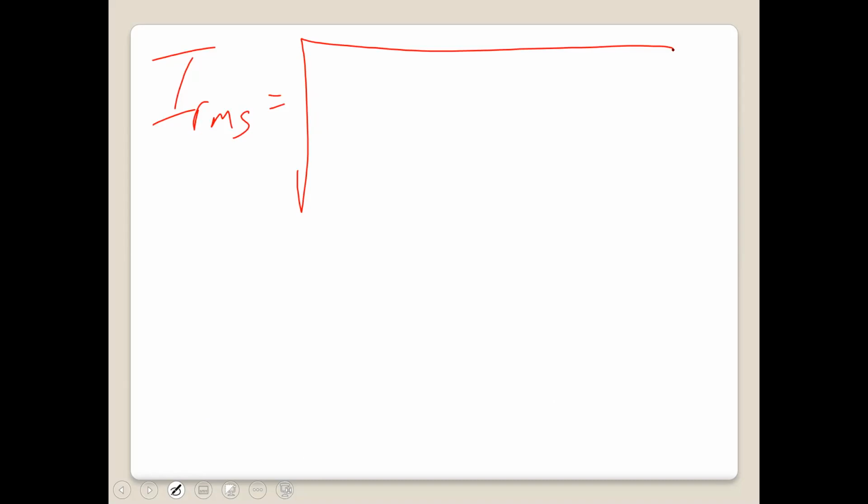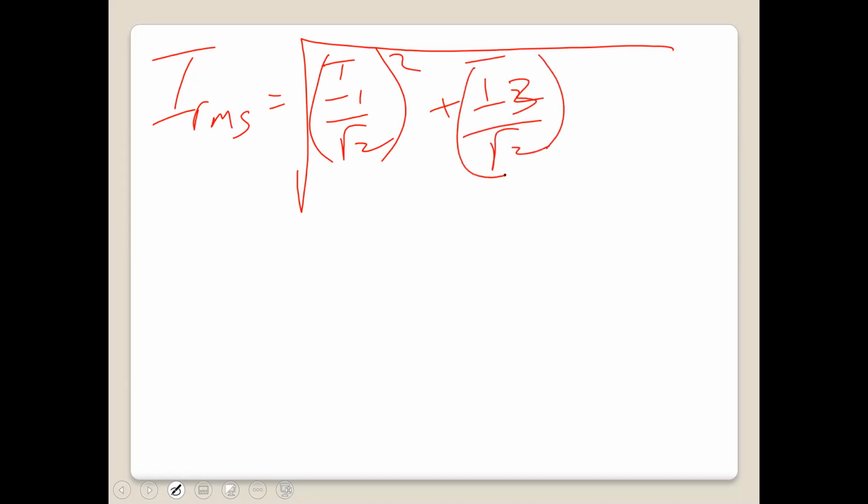All right. So in this case, based on what we just wrote, it would be I1 over root 2 all squared plus I3 over root 2 all squared plus I5 over root 2 all squared. You can make the substitution. However, what is the square root of 2 all squared? 2, sir.